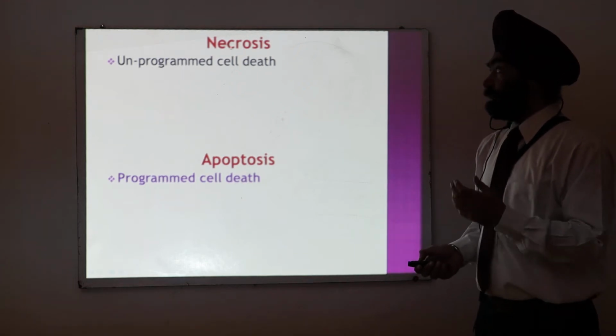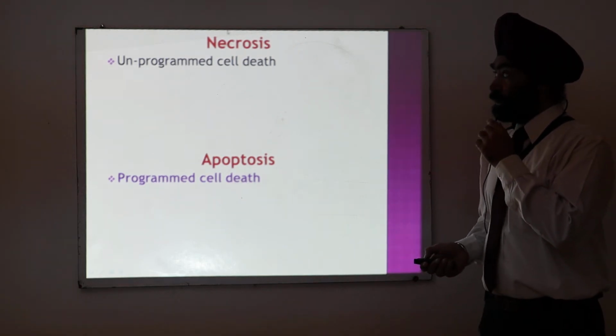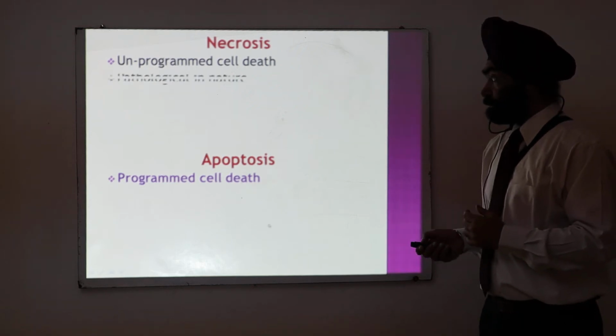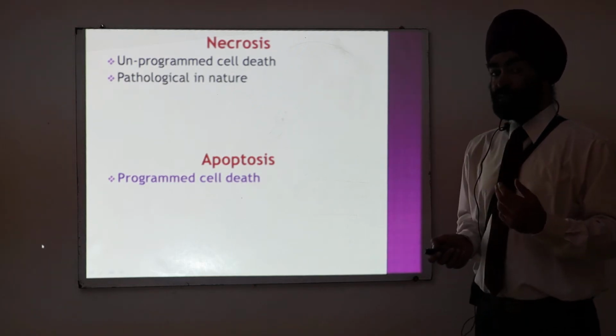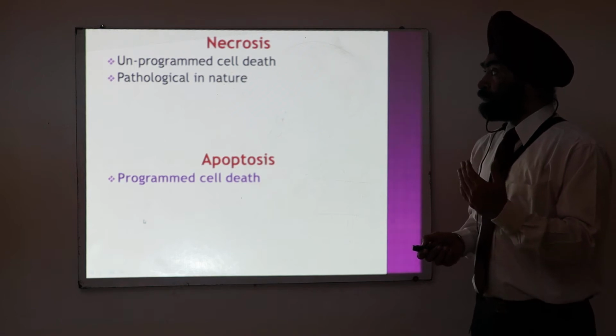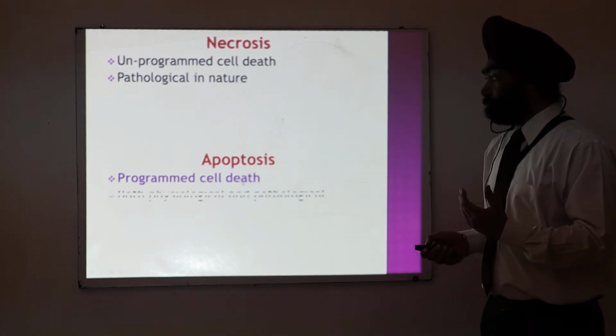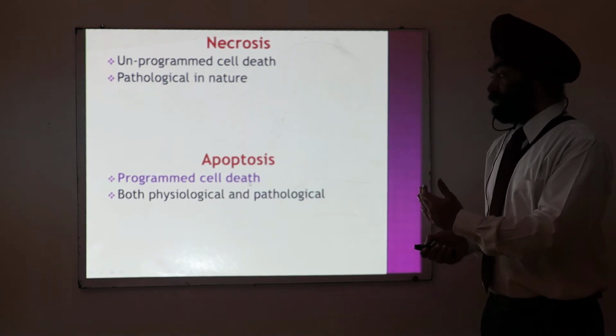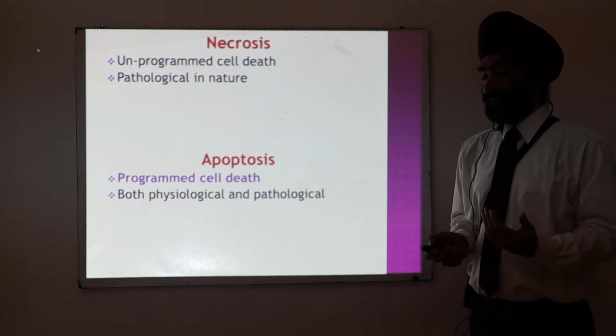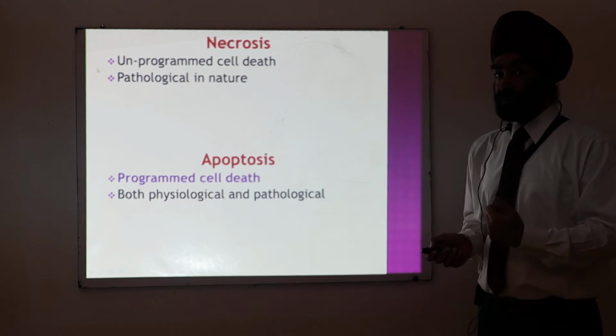There is no program that the cell is going to die. So this is an unprogrammed cell death. When we say necrosis, it is pathological. That means it happens whenever there is a cell injury or a disease. But apoptosis can be physiological. That means it can happen in a normal cell, as well as being pathological.